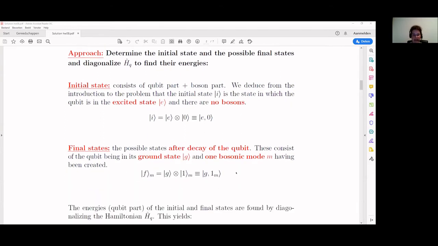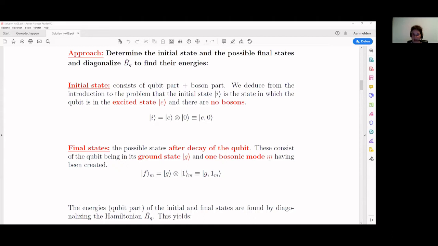And then it can decay. And which are the states that it can decay into? Well, the qubit obviously will decay to its ground state, which we'll write as G. And then there will be one bosonic mode being created.